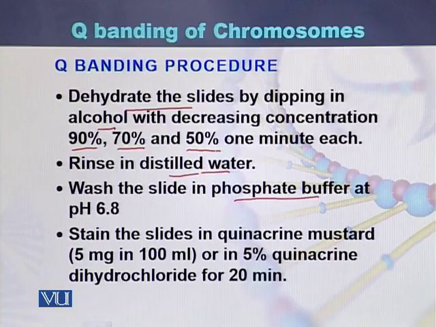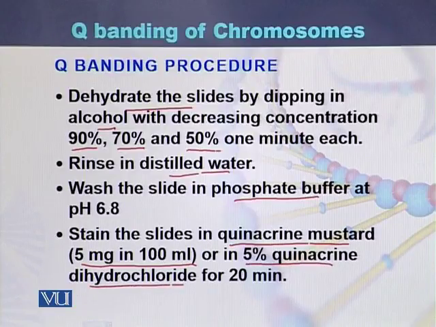Then stain the slides in quinacrine mustard, another dye used for staining chromosomes. One can use quinacrine mustard 5 mg in 100 ml, or alternatively 5% quinacrine dihydrochloride, for 20 minutes.